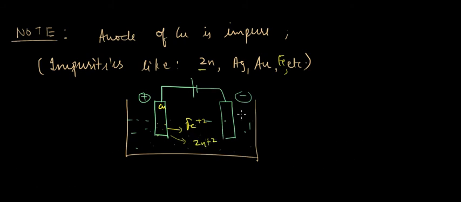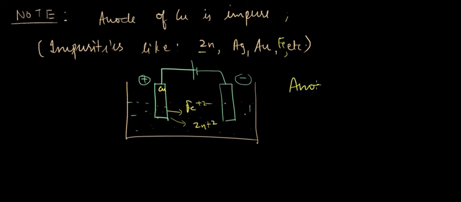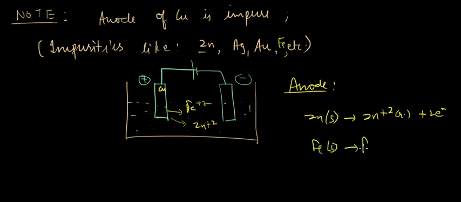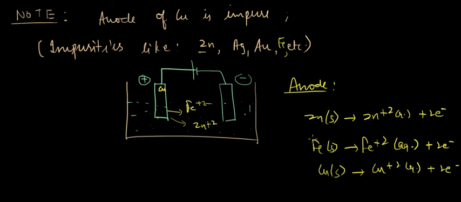So at the anode we can have Zn(s) converting itself into Zn2+ aqueous and 2 electrons, Fe(s) converting itself into Fe2+ and 2 electrons, and similarly Cu(s) converting itself into Cu2+ and 2 electrons.